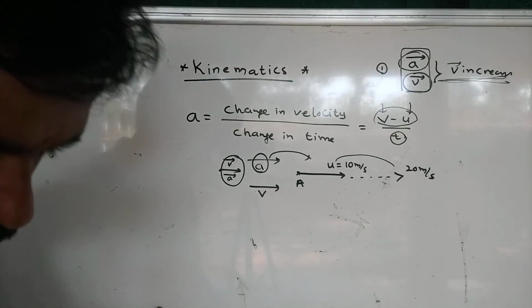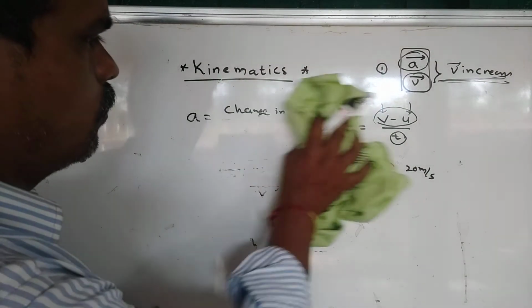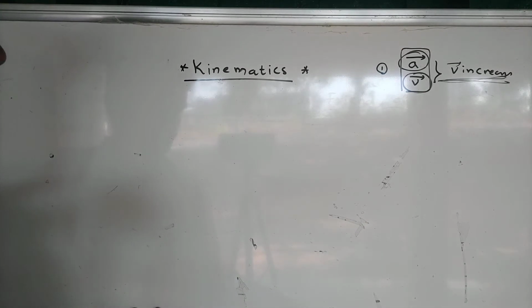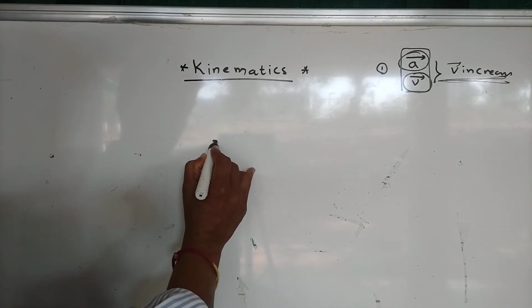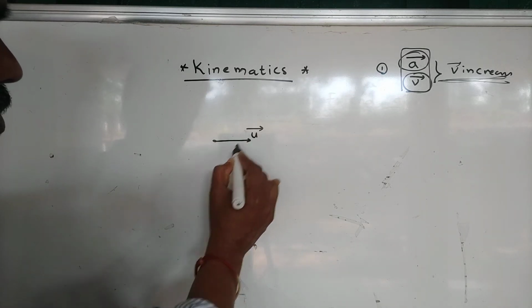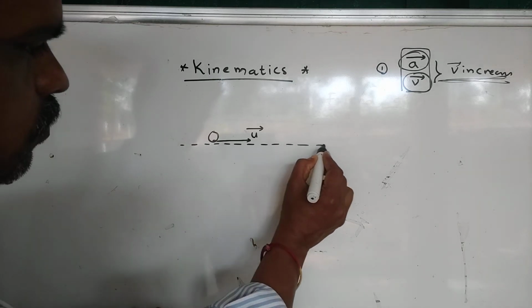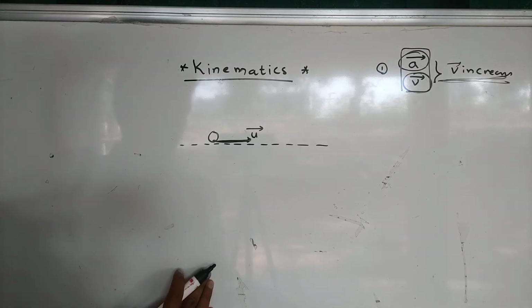Now the second case I am discussing here. See here, a particle, otherwise a ball, is moving in this direction. The velocity direction is this direction. The ball is moving on the floor with velocity u.